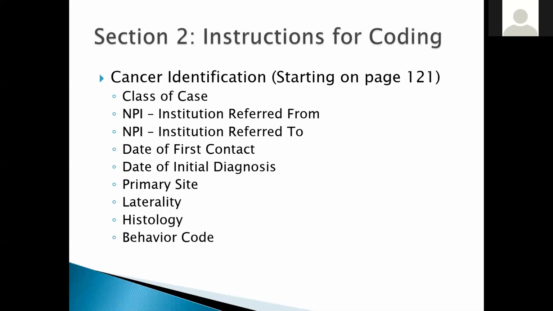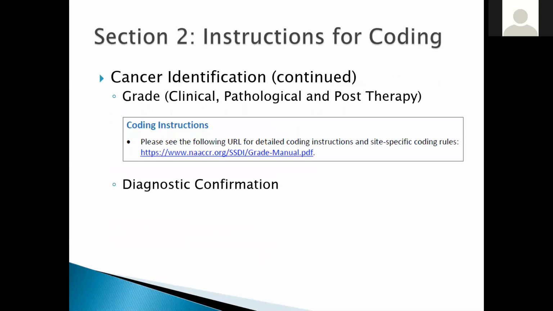There are times that the STORE manual will list a data item field that is collected, but the instructions for coding that item are found in a different manual. Remember when I was talking about that earlier, like with the AJCC staging. So here's an example. For the grade data items that start on page 139, it tells you that you need to use a different manual to assign codes for these items. They do list links within the STORE manual.